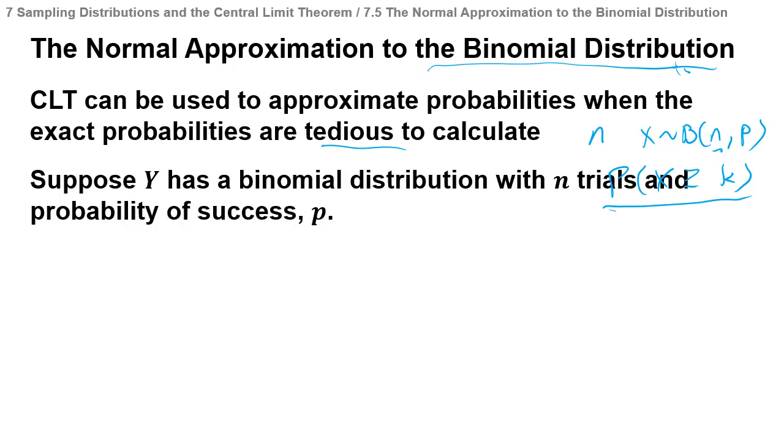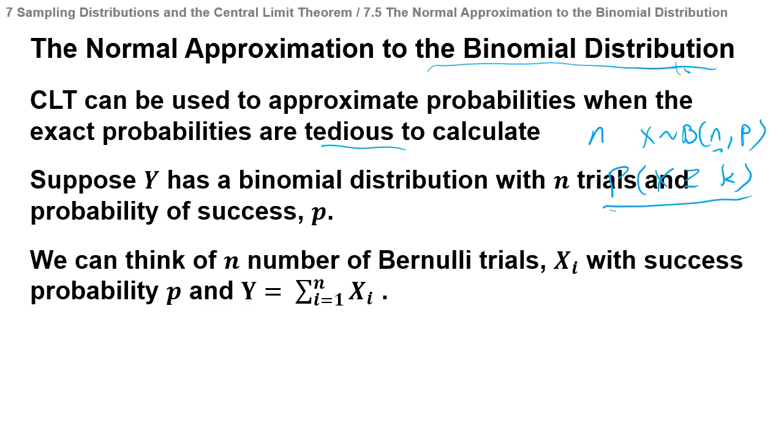Suppose y has a binomial distribution with n trials and probability of success p, and we can think of this binomial distribution as a sum of Bernoulli trials. We already learned this a little bit in the discrete random variable case, and you can check that part as well.